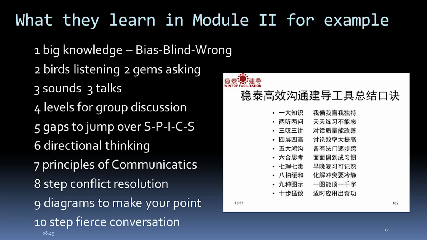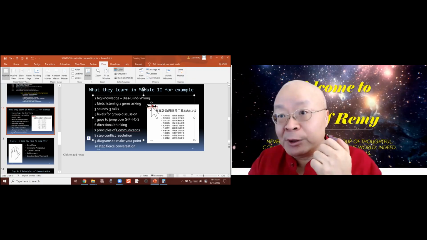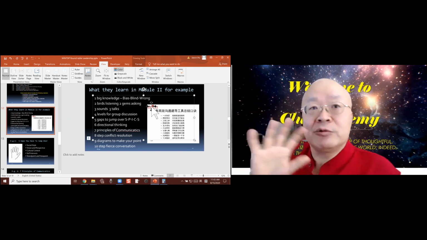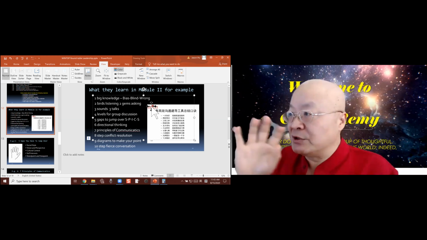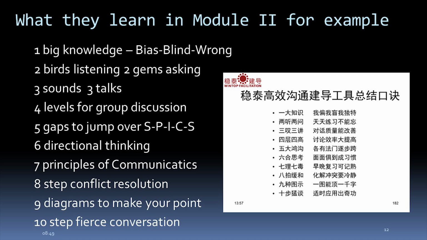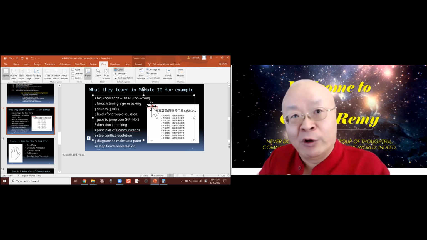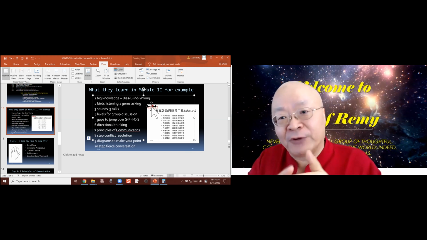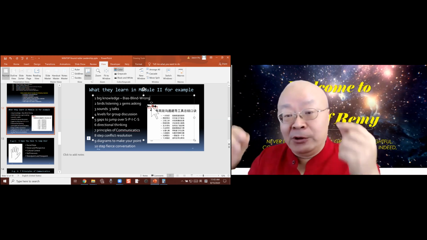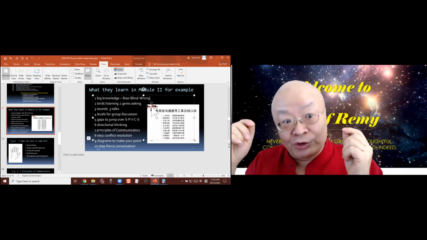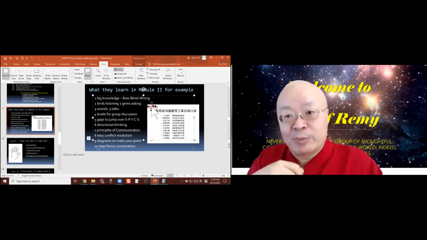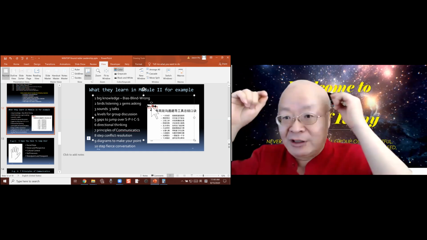Now, five gaps I already covered. It's just five fingers to make people realize there are always five gaps between you and your listener. So you need to take care of how you jump over these five gaps. Now, six directional thinking. We reworked it from Edward de Bono's very famous scheme called six thinking hats. De Bono used six different color hats to prompt the group participants, each time thinking in the same color hat.